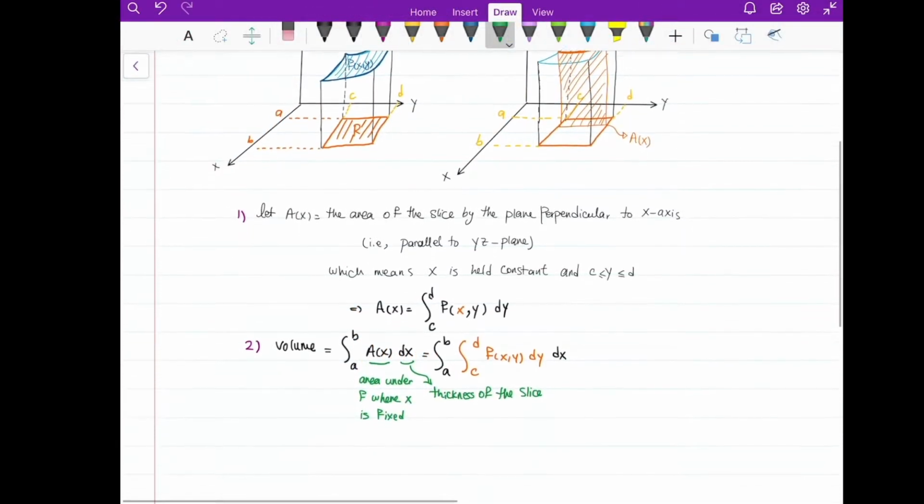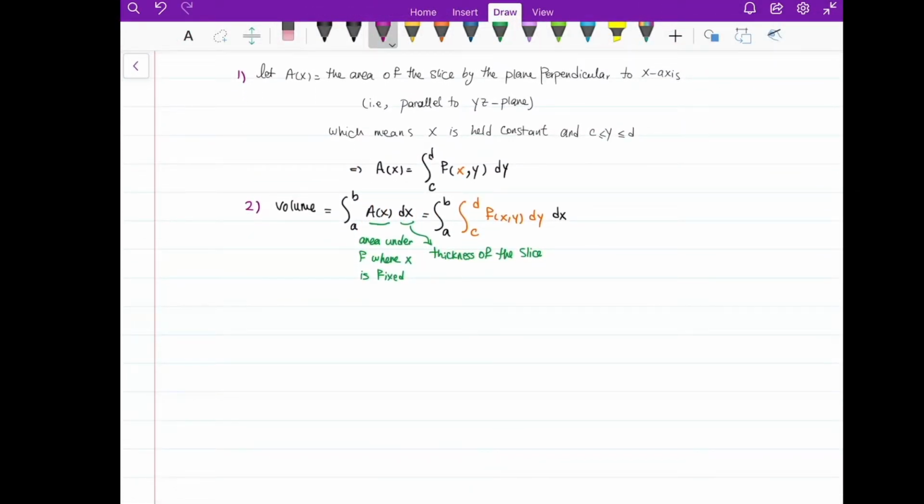So now for the computation: how to compute the iterated integral. The first one is the inner integral.